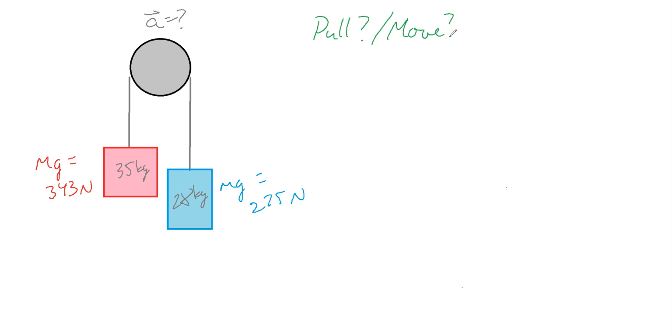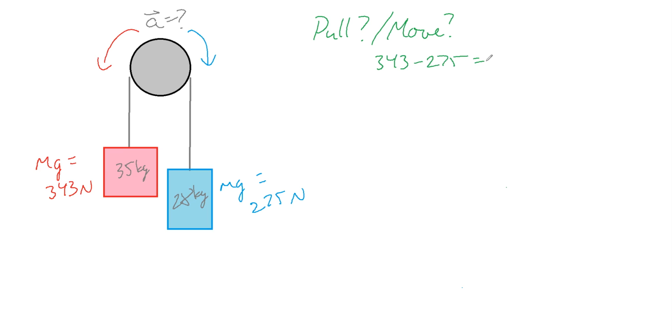They're both trying to move this thing. Now I've got that red one pulling with 343, trying to move it this way. And I've got my other one, the blue one, pulling with 275, trying to move it this way. Well, since they're trying to pull in opposite directions, obviously I'm going to have to subtract those two. So I'm going to take that 343 and subtract the 275.